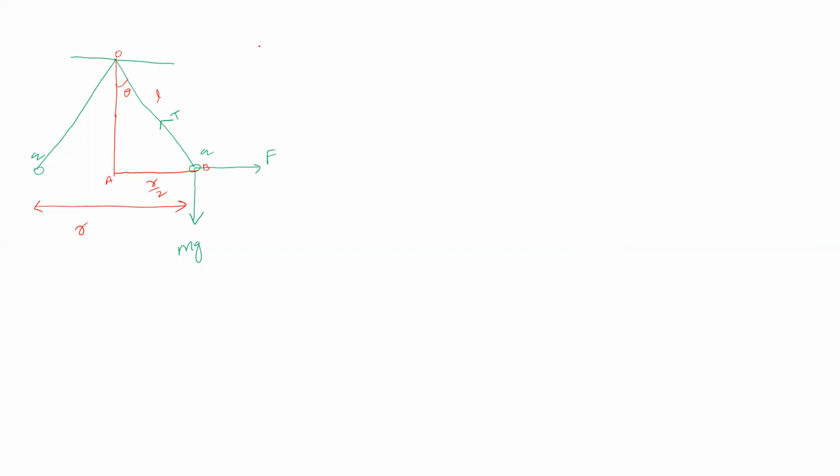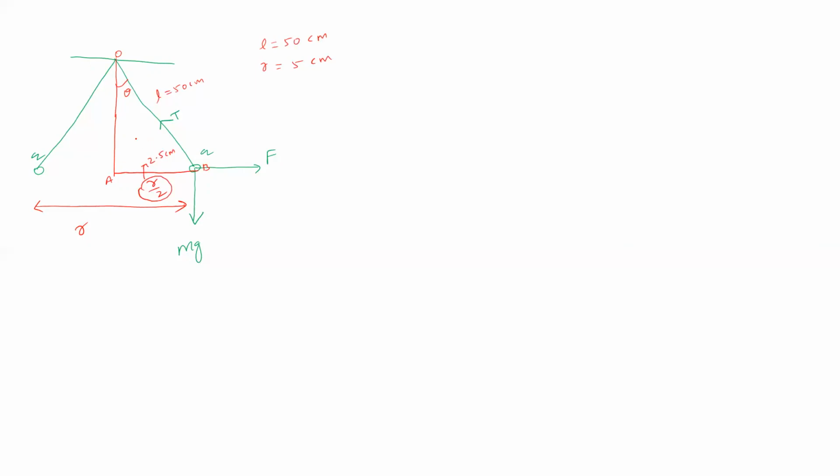Here length of the string L is given 50 centimeter. That means this value is 50 centimeter. And the distance between these two spheres is given 5 centimeter. So this r by 2 we will get as 5 by 2, 2.5 centimeter.